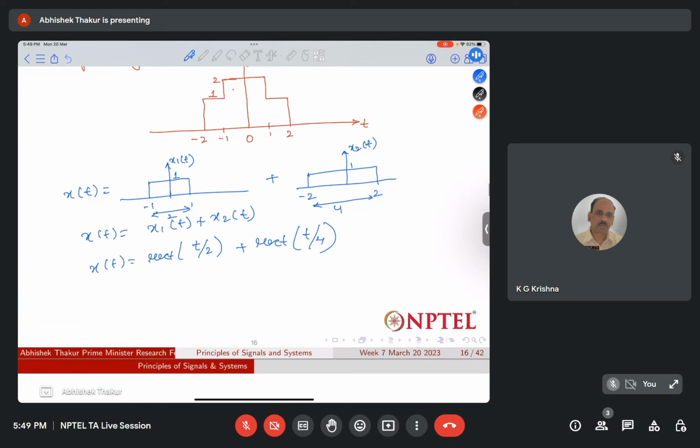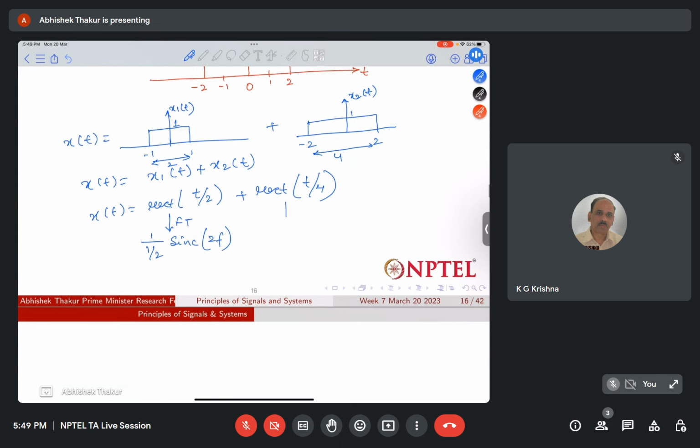Now the Fourier transform of this becomes 2 times sinc, since the Fourier transform of a rectangular function is a sinc of duration 2 into f, where f is frequency.